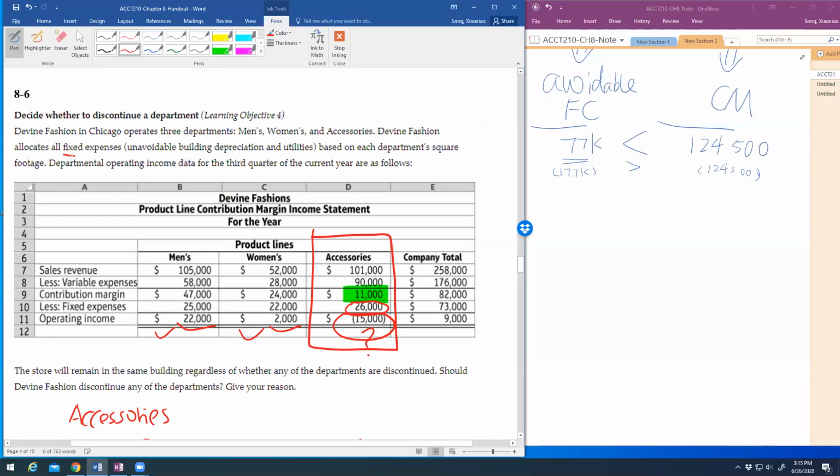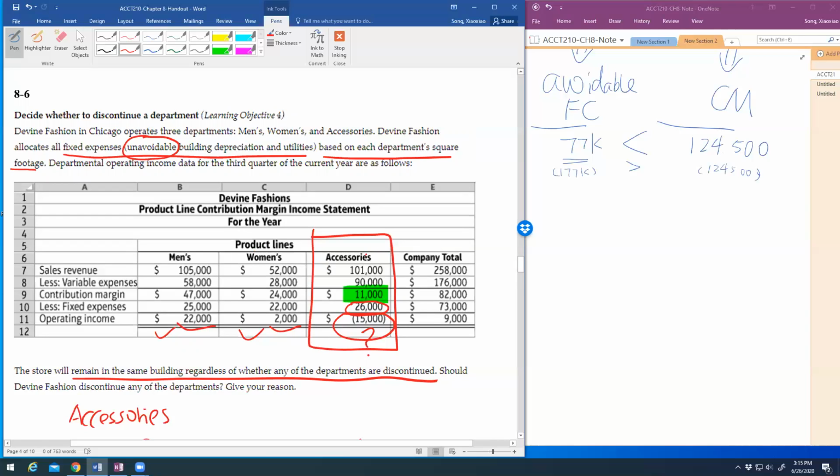The fixed cost, the unavoidable depreciation and utility, is based on the department square footage. And the next sentence said the store will remain in the same building regardless of whether any of the departments are discontinued.